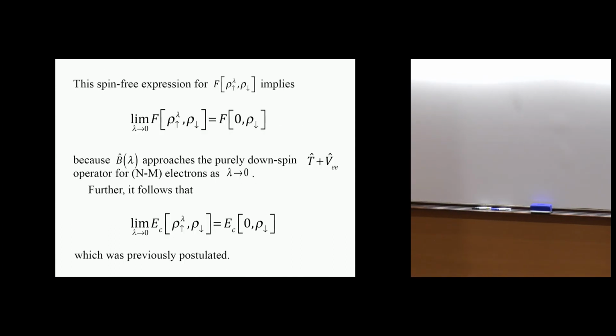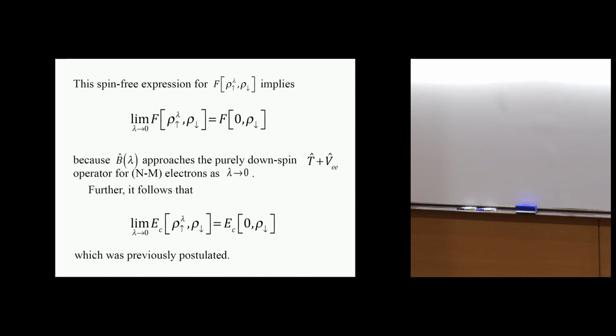And as a result, you have for the whole F as F of rho, you have rho up lambda here, here gives this result. If this goes to 0, as we just showed, because B lambda just becomes the T plus VE of just the downspin, and you get this.